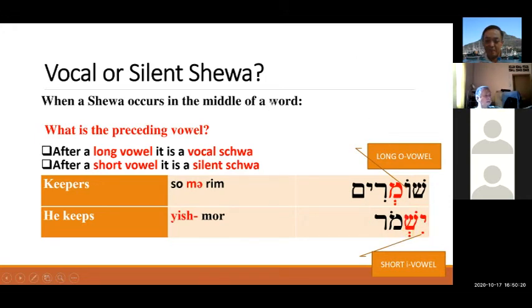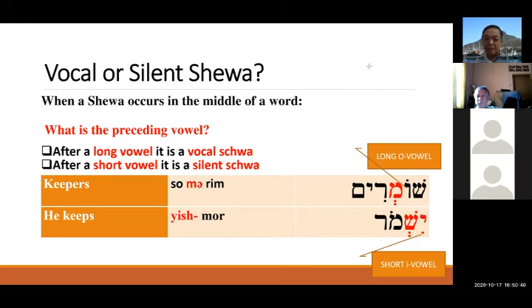What I mean is the yish itself. I understand what you're trying to explain, but the silent schwa itself after the yish sound, does it mean it doesn't have a vowel at all after the yish, before the mo?